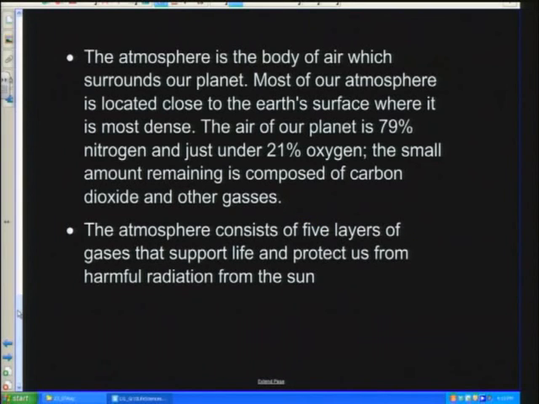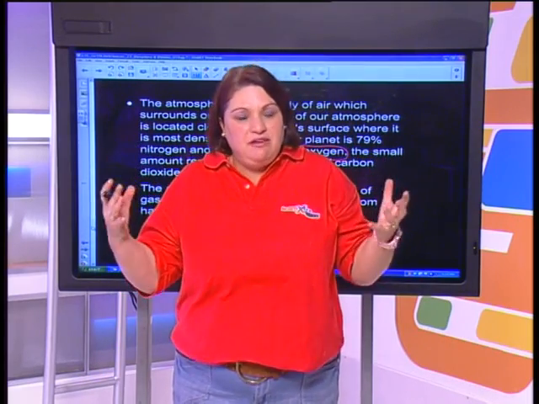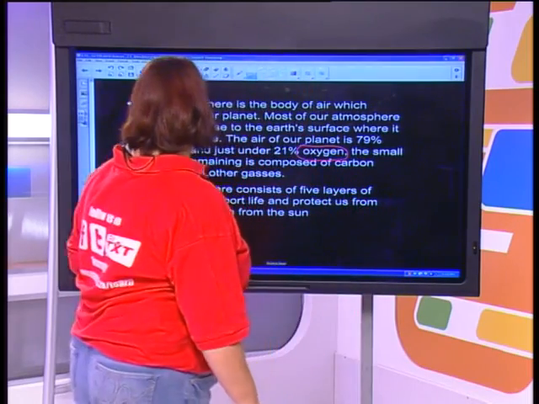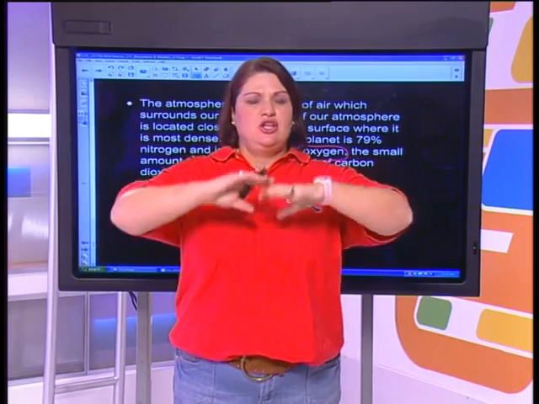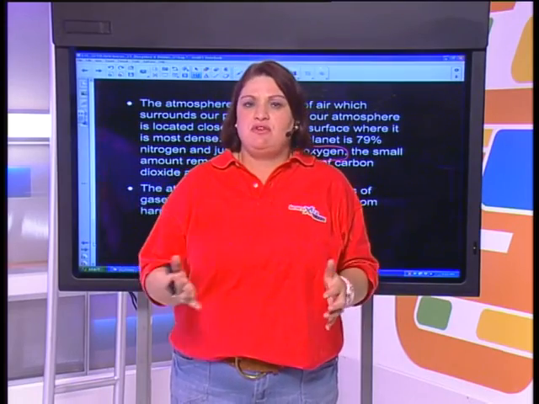So what do all living things need? Have a look here. All living things need oxygen. So what are we going to find in the atmosphere? The oxygen, and that oxygen is going to give the life-giving gas for all living organisms. So now we've got the land, the soil, the nutrients ready for plants.